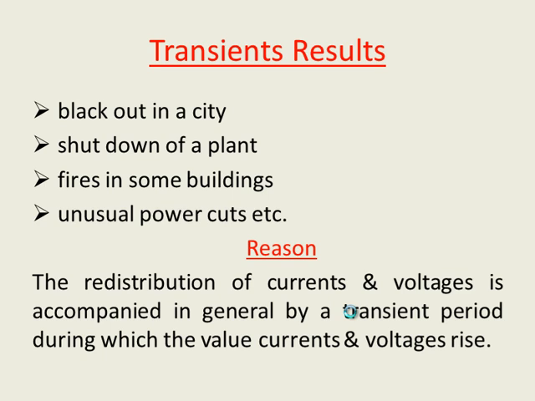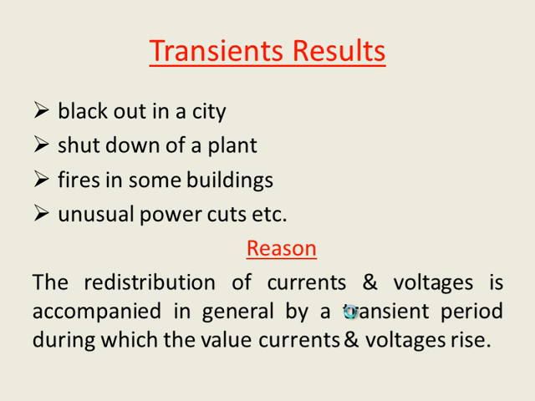Obviously, whenever there is a fault, there is a rise in voltage or rise in current depending upon the type of fault, and simultaneously a relay gets energized and sends a signal to the circuit breaker, and the circuit breaker does its operation and isolates the healthy system from the faulty section.